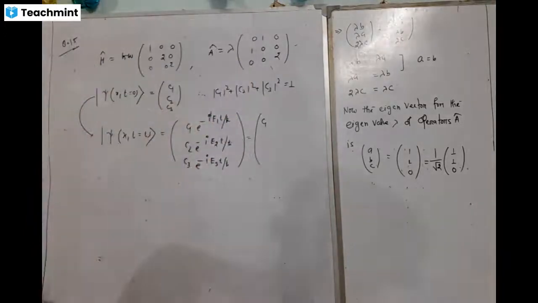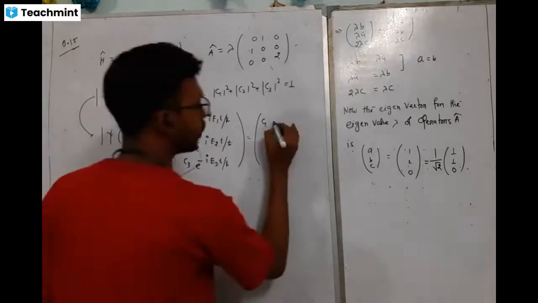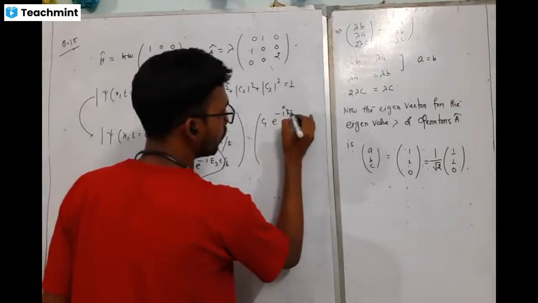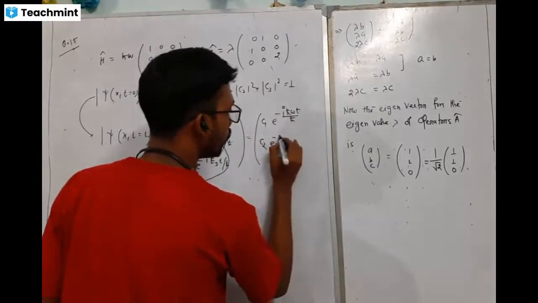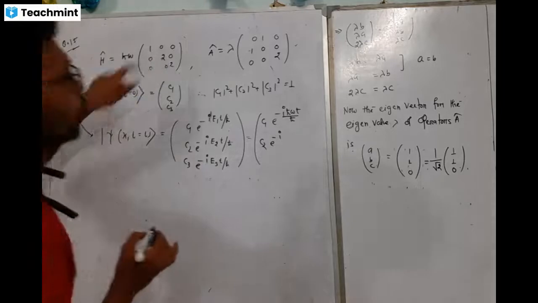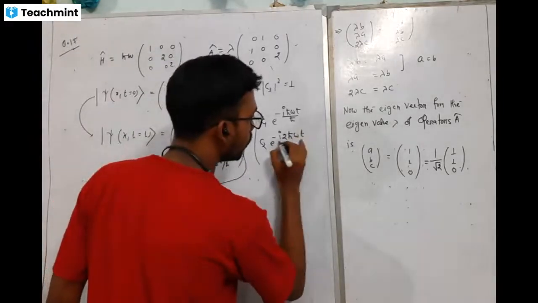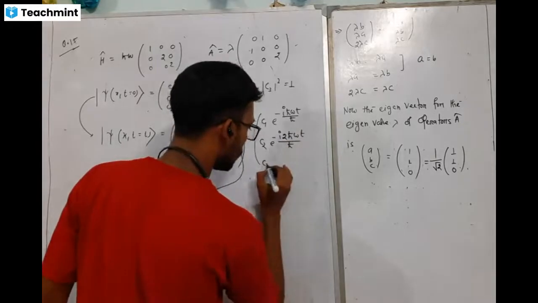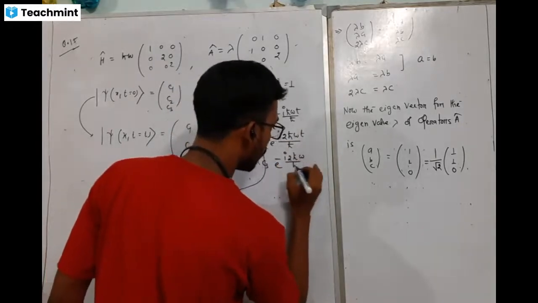Let us write this properly. C1, E1 has the value h cut omega, so e to the power minus i h cut omega t upon h cut; C2 e to the power minus i 2 h cut omega t upon h cut; C3 e to the power minus i 2 h cut omega t upon h cut.